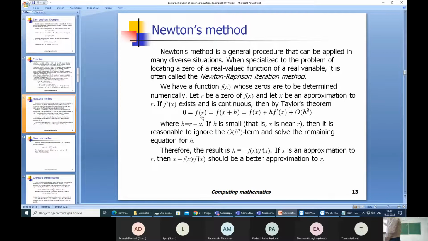For example, h may be 0.01 or smaller. Maybe 0.1, but not greater than 0.1.